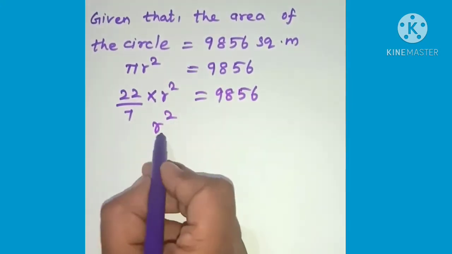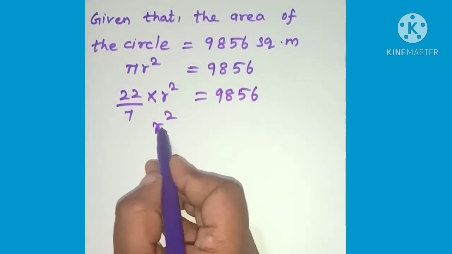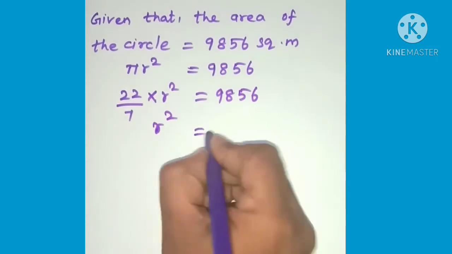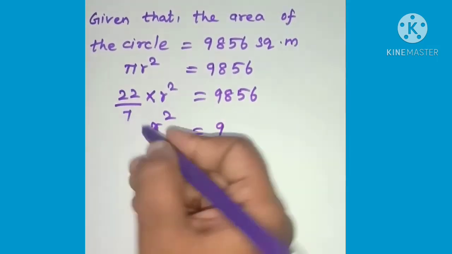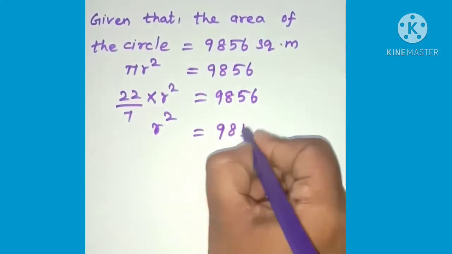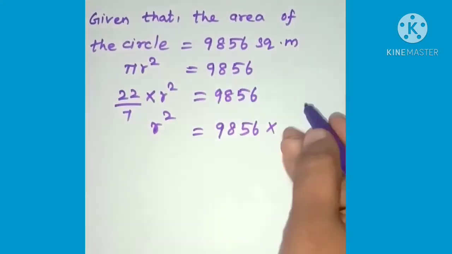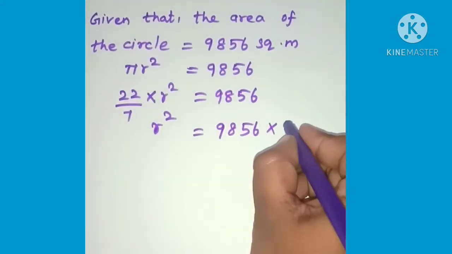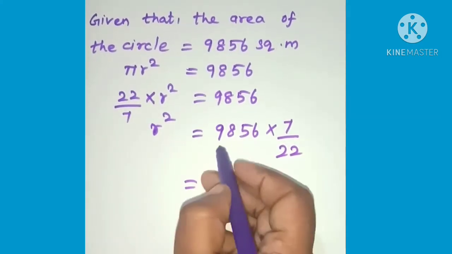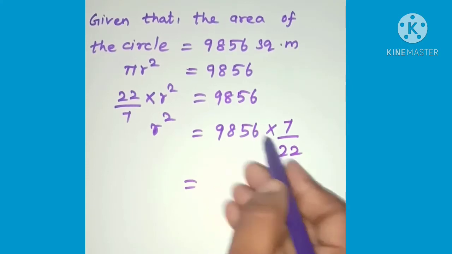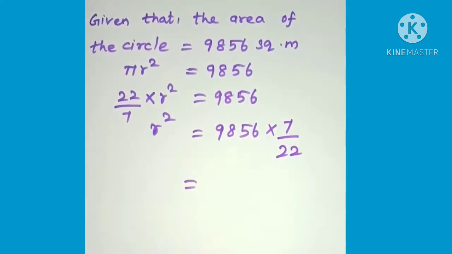Now we have to find the value of r square, whose square root is the length of the rope. So keep r square on the left hand side itself, and bring 22/7 to the other side. When it crosses the equal to sign, it becomes 7/22.